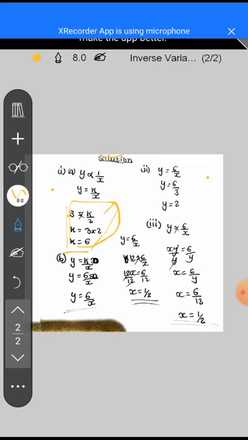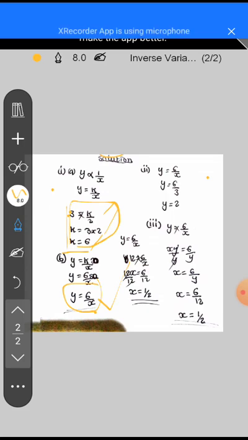Let's find the value of y when x is equal to 3. We use the equation we found here, because this is the equation of variation, to find the value of y.